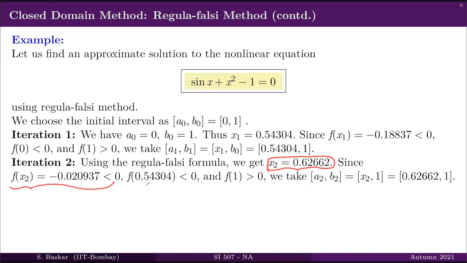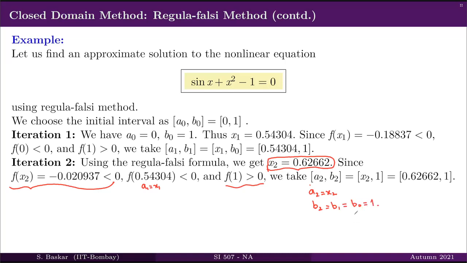And again, the function value at x2 is negative. And previously, if you remember, we have taken a1 as x1, which was again negative, and f of 1 is positive. So again, you will choose your a2 as x2 and b2 as b1, which is actually equal to b0, which we took as 1, right?